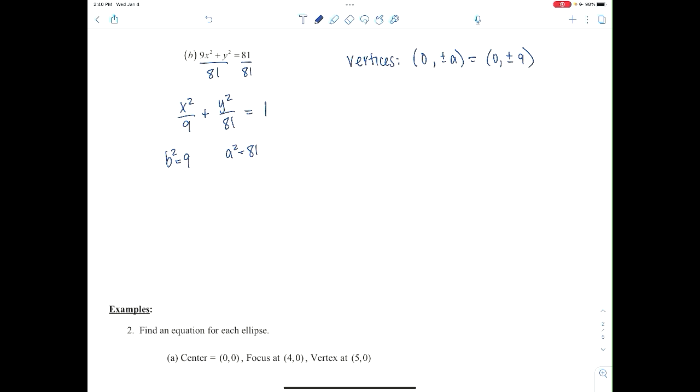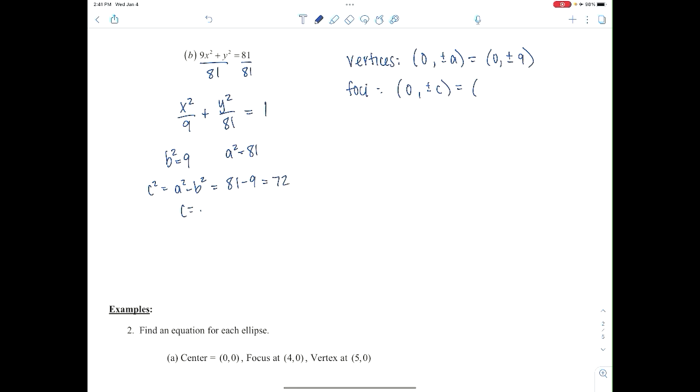We want our focus points, and those are at 0, plus or minus c. So we're going to need to find the c value again. Remember, c squared equals a squared minus b squared. This gives us 81 minus 9, which is 72.